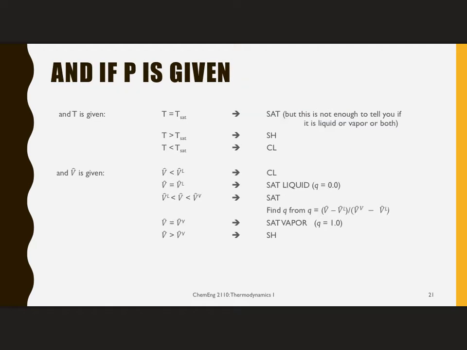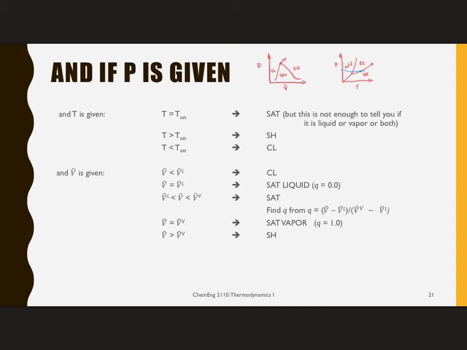What if pressure is given? Well, I'm going to play the same mental game. So again, think back to those diagrams. For a fixed pressure, I would want to come across here, and if it is exactly the number on the table, then that tells me it's saturated.